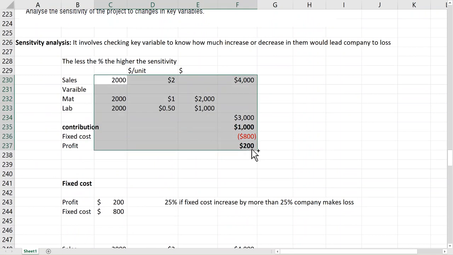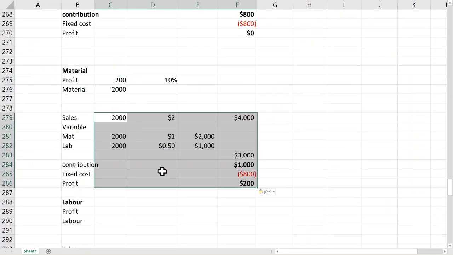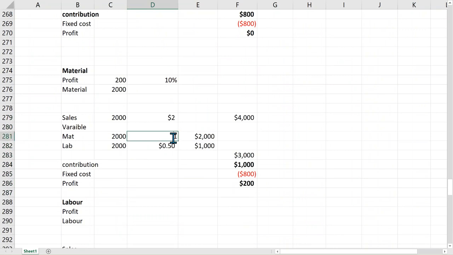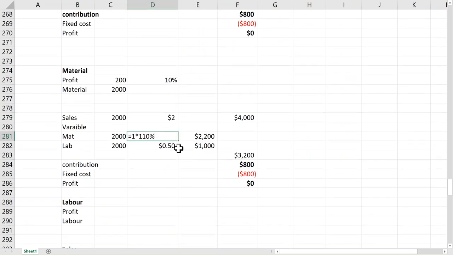Let's prove that as well. So let's increase this by 10%. No profit, no loss. If I increase it by more than 10%, then we will have loss. This is being rounded off, okay?